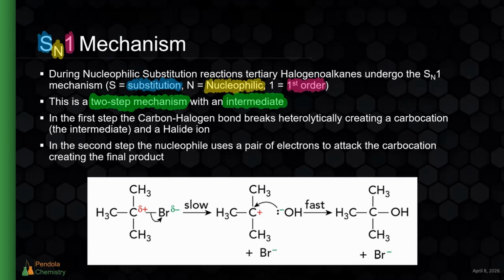So first, in the nucleophilic substitution mechanism, SN1, we are going to first have our tertiary halogenoalkane. And again, this is tertiary. Why? Because our bromine is bonded to a carbon which has 1, 2, 3 other carbons bonded to it.